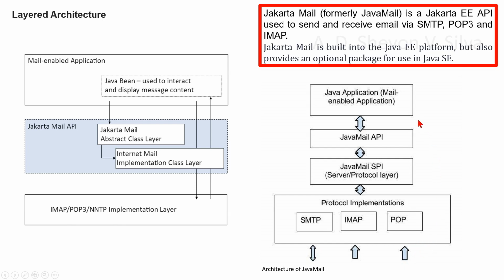Here you can see a Java application, mail enabled application, interacts with JavaMail API. JavaMail API interacts with JavaMail SPI server protocol layer. JavaMail SPI server protocol layer interacts with protocol implementations.